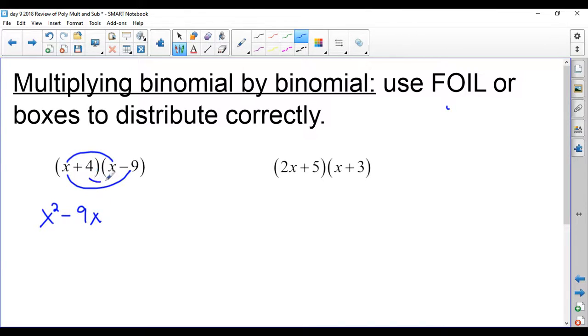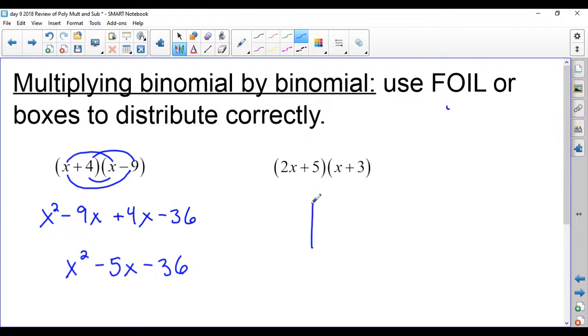Inner, 4 times x. And last, 4 times negative 9. You should show the step where you have all these terms, and then you combine your like terms. I have minus 9x plus 4x, which is minus 5x when it's combined to get my final answer. So I want to show what my method is, what terms I got, and then combine my like terms.